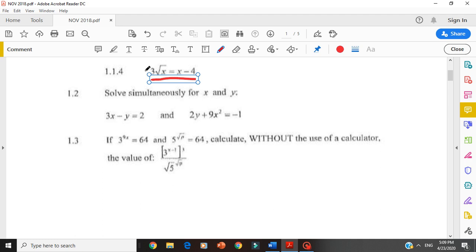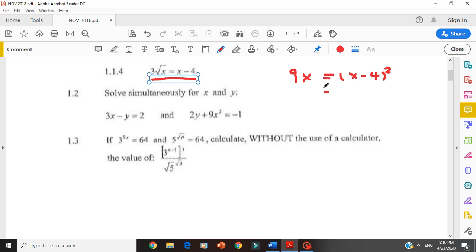If I square the left hand side, 3 squared will give me 9, and root of x squared becomes x. The square root disappears. Then where you have x minus 4, you're going to have x in brackets. Don't forget the brackets, guys, because the brackets will tell us whether we have to FOIL and get 4 terms, or if you remove it, you will have just x squared minus 4 squared, which is incorrect, right? So this will be all round squared.